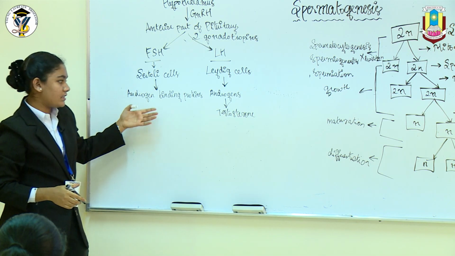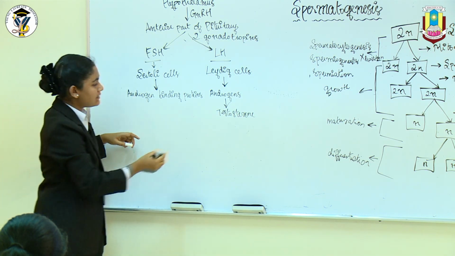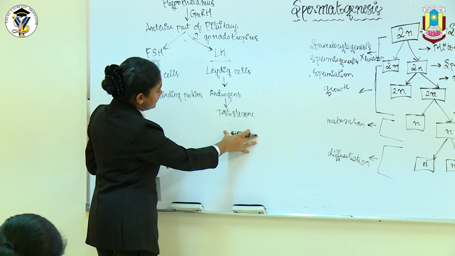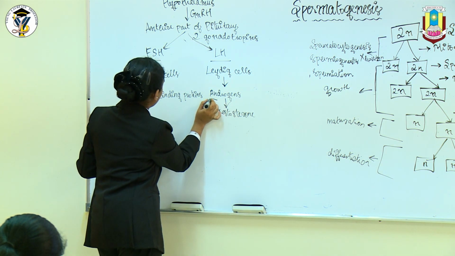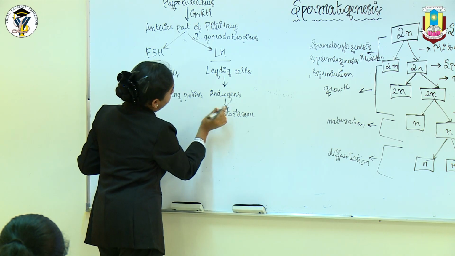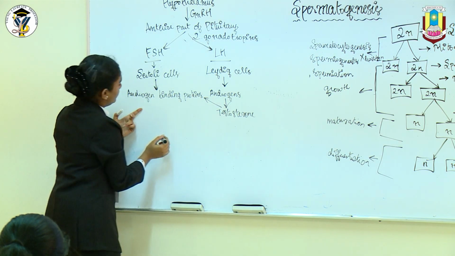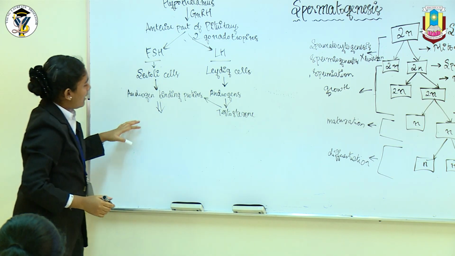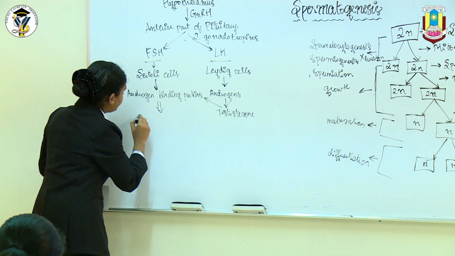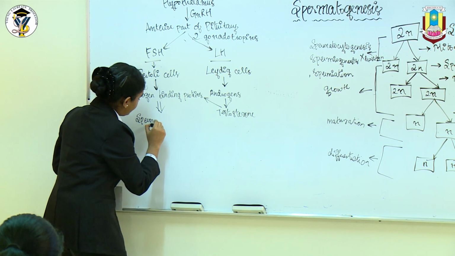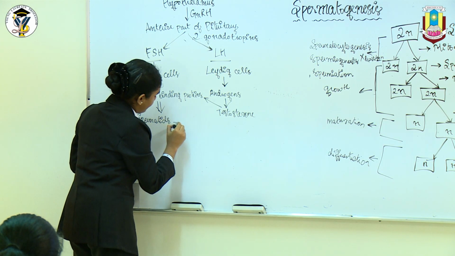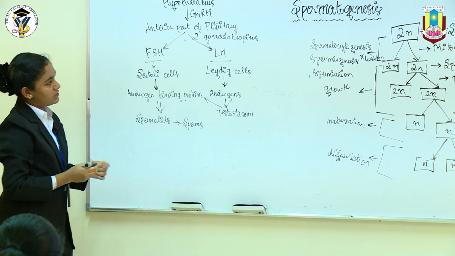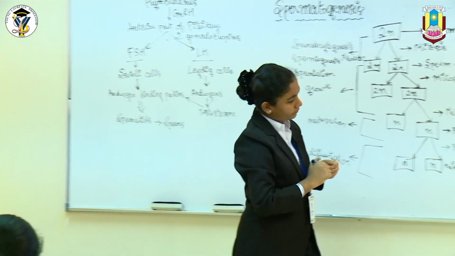When these androgen binding proteins are secreted by the Sertoli cells, some of the androgens will form testosterone, and the testosterone formed will bind with the androgen binding proteins, and as a result the spermatids become the sperms. So this is how it affects the process of spermatogenesis.